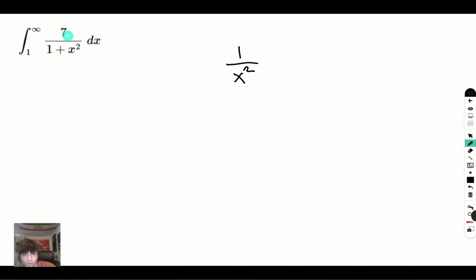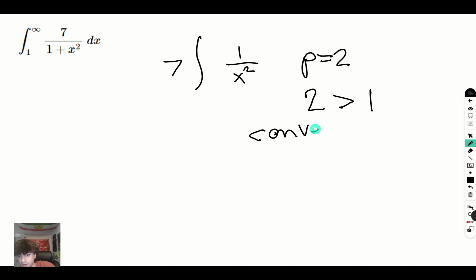We can ignore the 1, and 7 can be outside the integral. Just for the sake of seeing if it is convergent or divergent, p is 2. 2 is greater than 1, so therefore it is going to converge, meaning that it's going to reach a finite value.